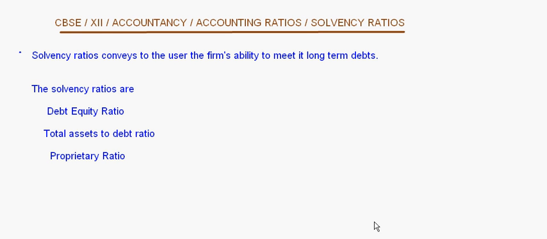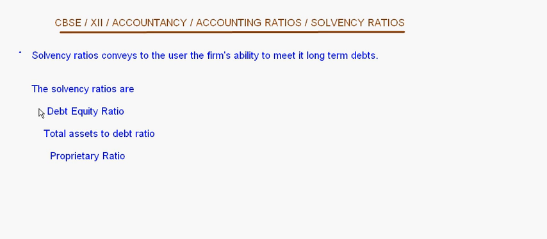Today let's take up the solvency ratios from the lesson accounting ratios. First of all, let's see what solvency ratios are. Solvency ratios basically tell the user about the firm's capacity to meet its long-term obligations or debts, right?